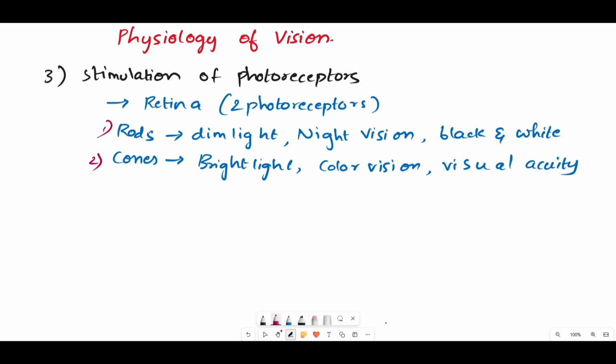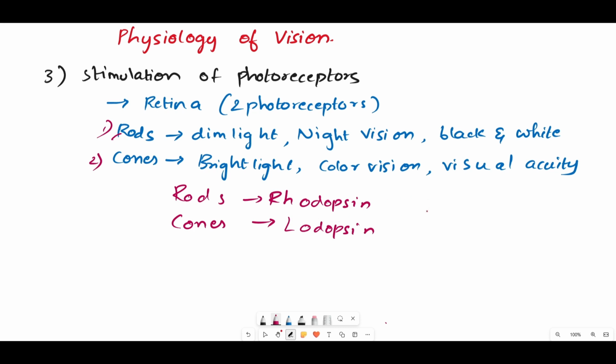These rods and cones have some photopigments inside them. For example, the rods have the photopigment called rhodopsin, whereas the cones have the photopigment called iodopsin. One is rhodopsin, one is iodopsin. These are the photopigments that are present.